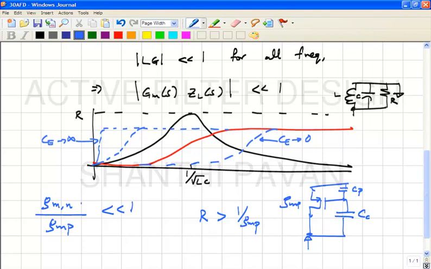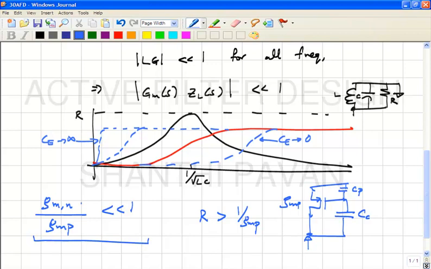If GMP becomes much larger, it turns out that noise added by the transistor will degrade the noise performance of the transconductor, as we will see going forward. And therefore, even though this is a clean solution to the problem, it is not a particularly good one, given that you have to make GMP very large.